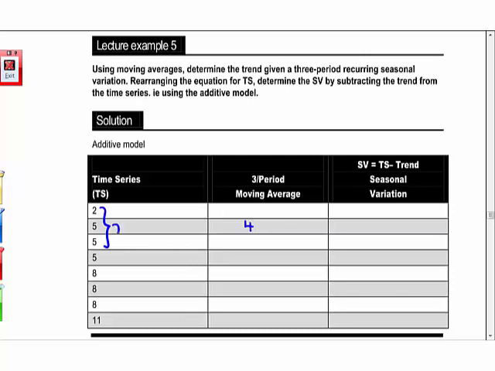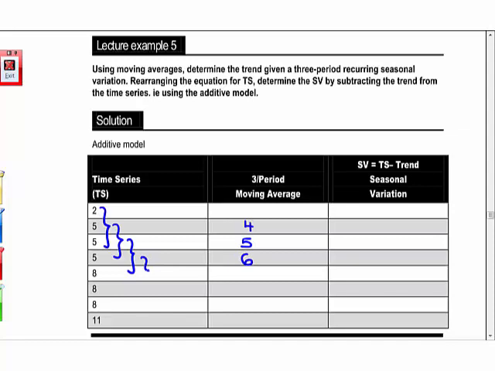Then we take the next 3 figures, which are all 5, and so the average there is going to be 5. Then we take the next 3 values, so we've got 18, so the total. And we carry on dropping down 1 each time. So we've got 18 here divided by 3 is 6.